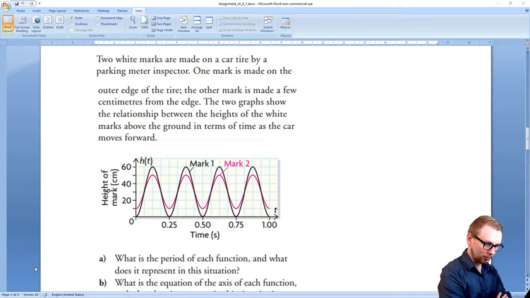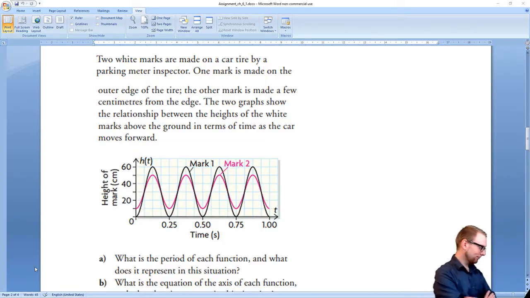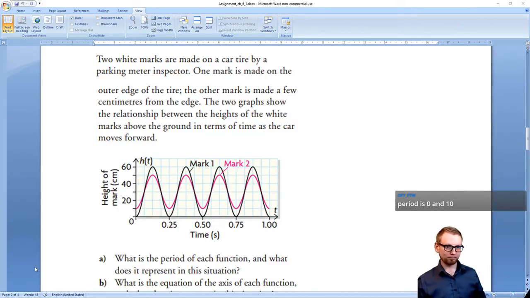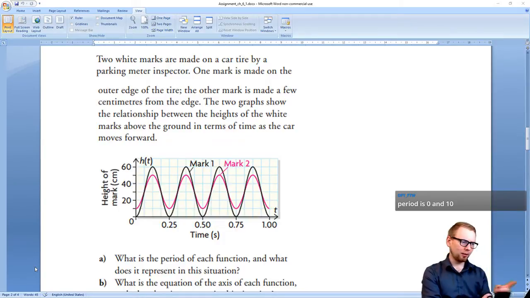So, period. Tell me about the period of this function. No, you only want one cycle. I count 4 cycles here. And it's not 10, it would be 1.